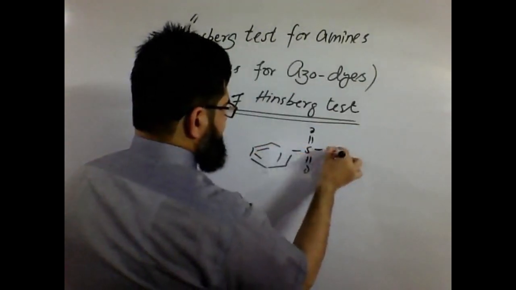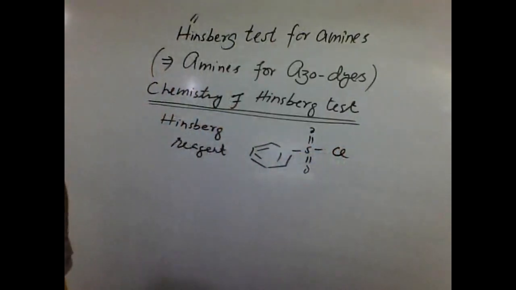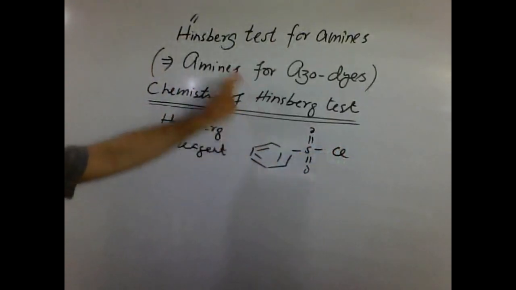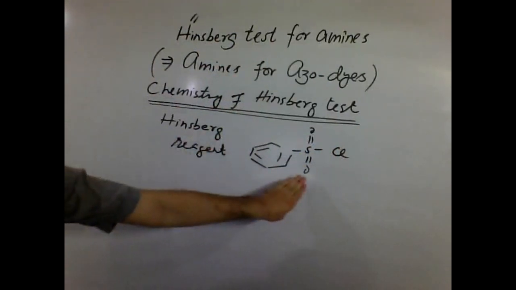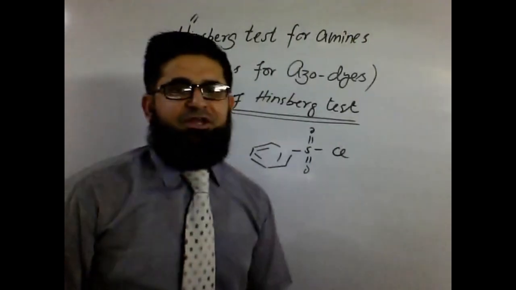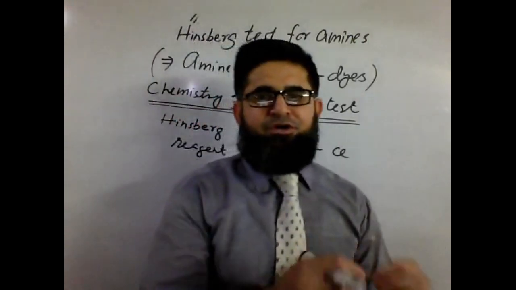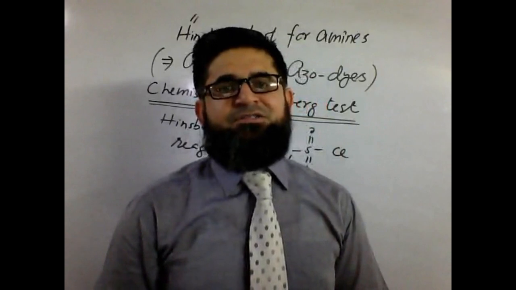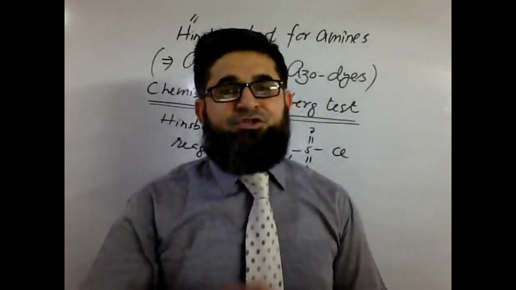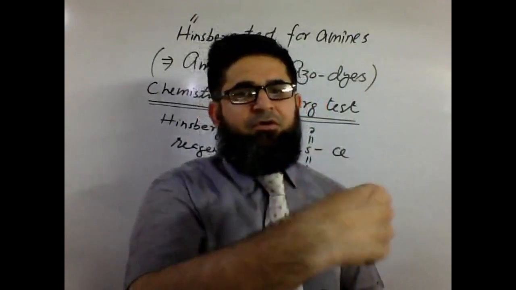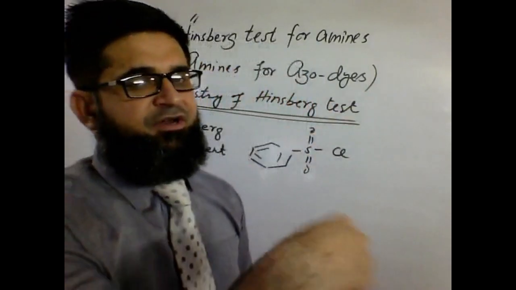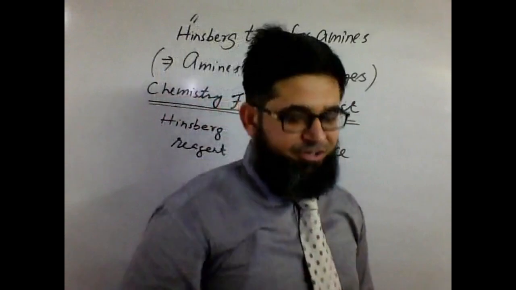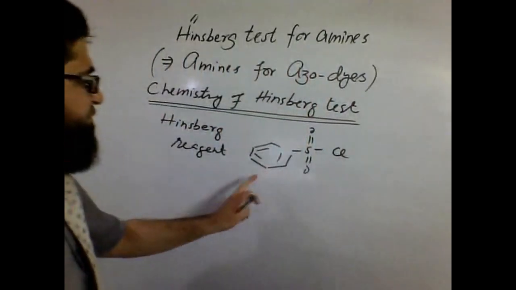This sort of reagent is used during the Hinsberg test. This compound actually reacts with the given amines, and then the subsequent product formation leads us to the identification of their degree, whether it's a first degree, second or third degree, meaning primary, secondary, tertiary amines. So this is Hinsberg reagent.